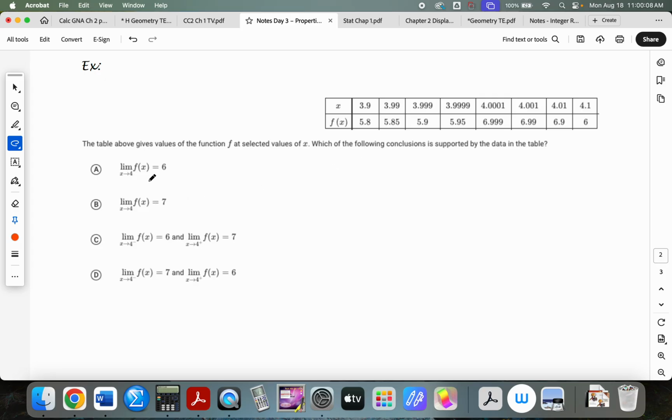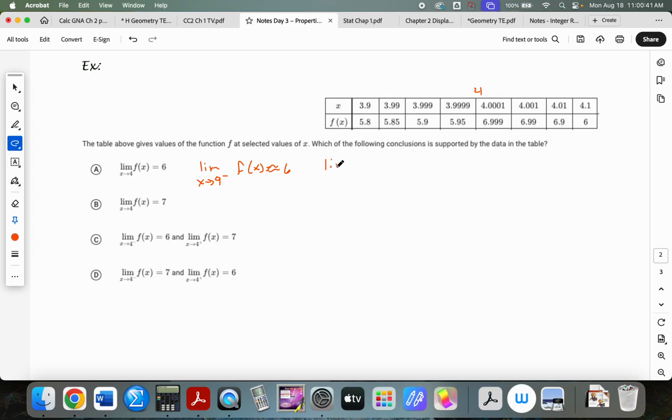So as x goes to 4, so 4 is somewhere in here, does f of x go to 6? Well, let's look at from the left and the right. The limit as x approaches 4 from the left of f of x, what does that appear to be? 6. It appears to be 6. So I'll squiggle it. I'll say it's about 6.